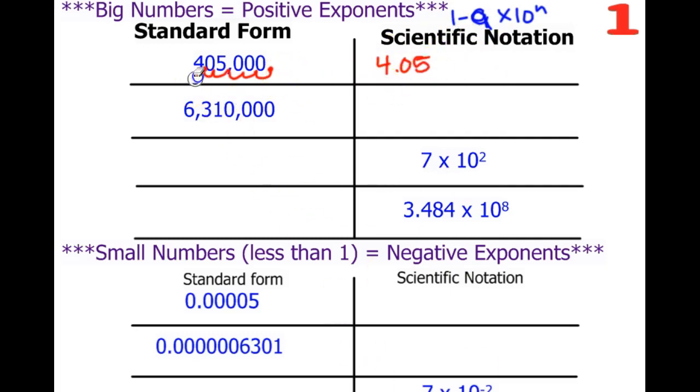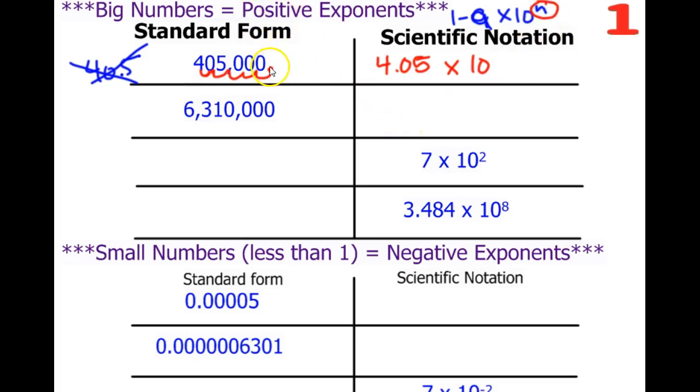If you only moved it over one less time, that would be 40.5, and that is not between 1 and 9. So we needed to move our decimal over enough times to get a number out front that's between 1 and 9, and that is. So then it's times 10, and however many times we move the decimal, that's our exponent.